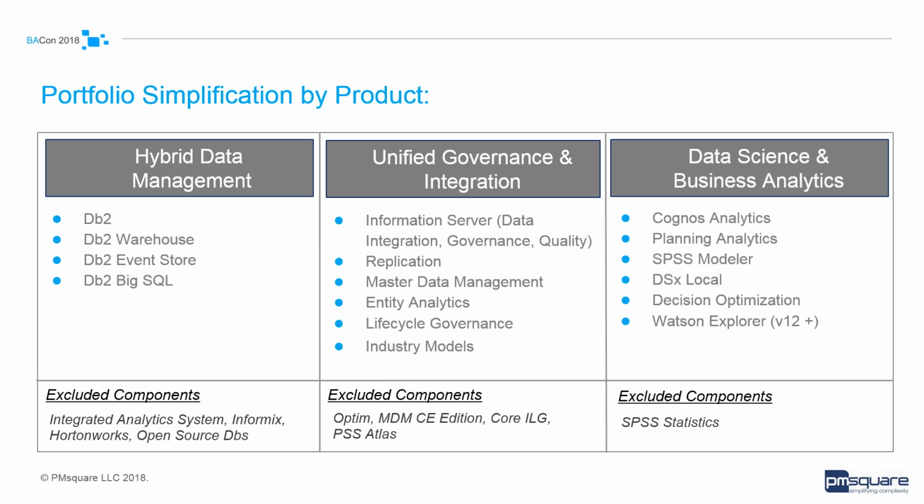And the last one that really is most relevant to this group, data science and business analytics, you have products like Cognos, Planning Analytics, SPSS, DSX, Decision Optimization, and Watson Explorer, which is really any product that you would need from a data analysis standpoint.